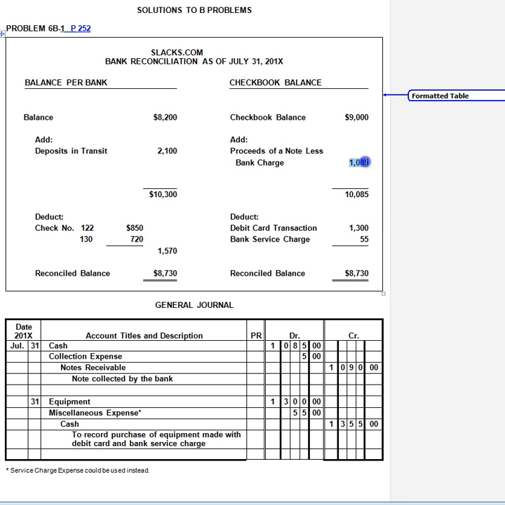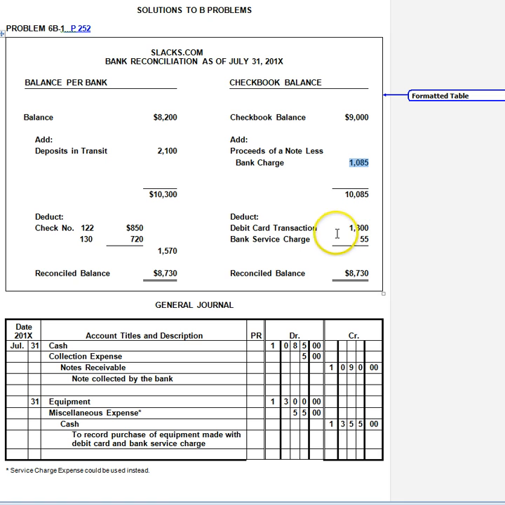When we examined the bank statement, we saw a plus or a credit of 1085. Okay, we saw a credit of 1085 that we had not recorded yet on our books, so we had to come in and add that 1085. Similarly, we saw two deductions on the bank statement that we had not yet subtracted. So again, we're playing catch-up ball. The bank already added this guy, subtracted these two guys.